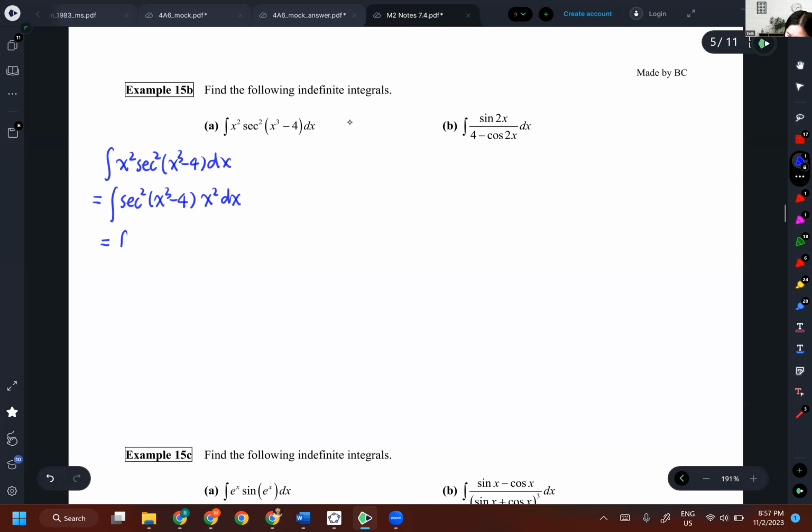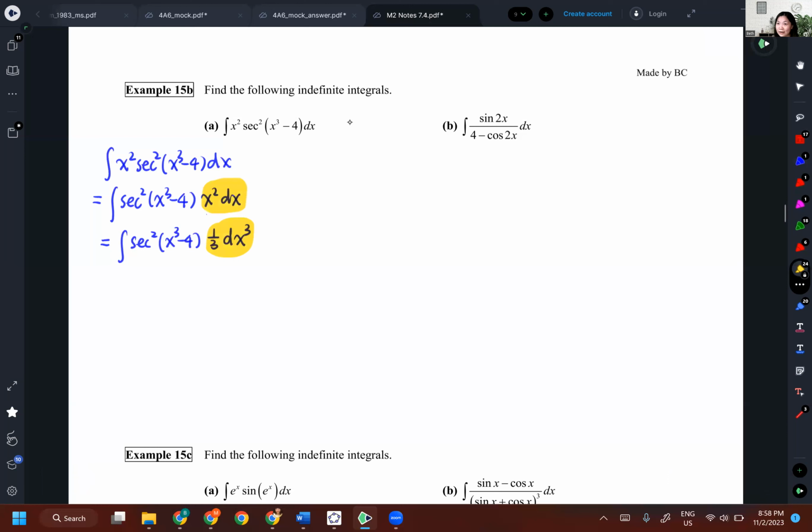Anyway, this one will become 1 over 3 d x cubed. Even though you may not have seen it in the past, I think you should see it today, how this works, right? How does x^n become x^(n+1)?